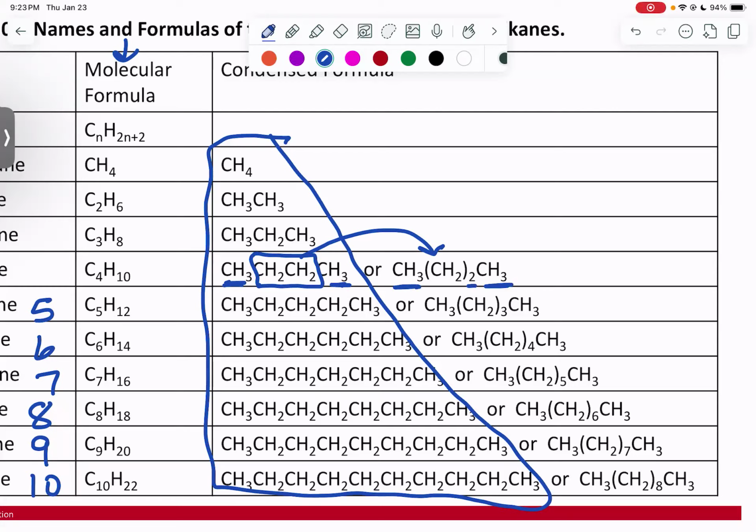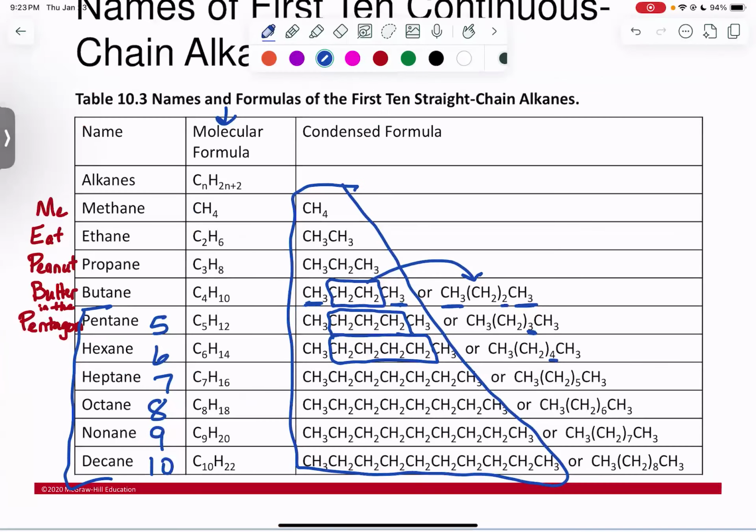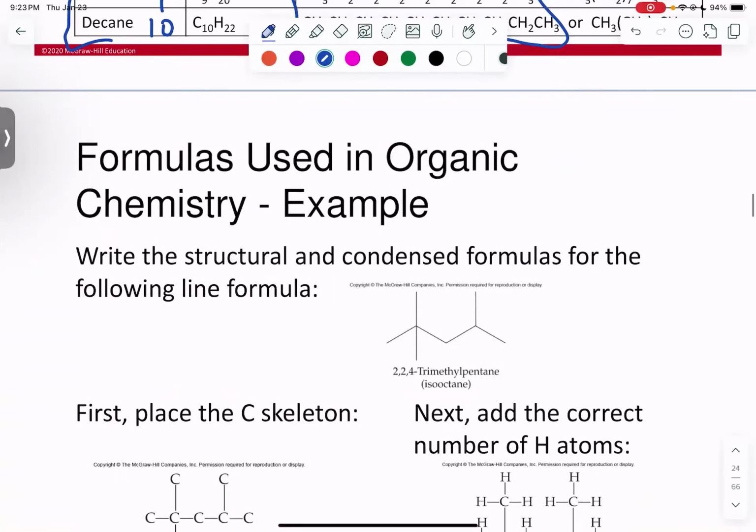So we put a subscript 2 behind a CH2 in parentheses. That's one of the cases where you'll use parentheses. There's another case to use parentheses, and I'll show you that later. All you have to do is count how many CH2s you have, and that's your subscript outside of the parentheses. Just realize what those parentheses mean.